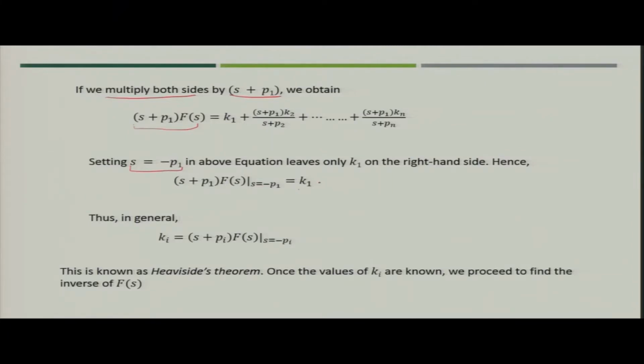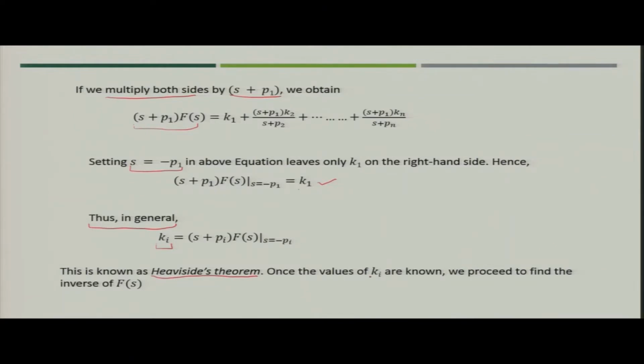In more general form, for any k_i, (s+p_i)F(s), evaluated at s equal to minus p_i, gives you the value of the constant term k_i. This property is called the Heaviside theorem.